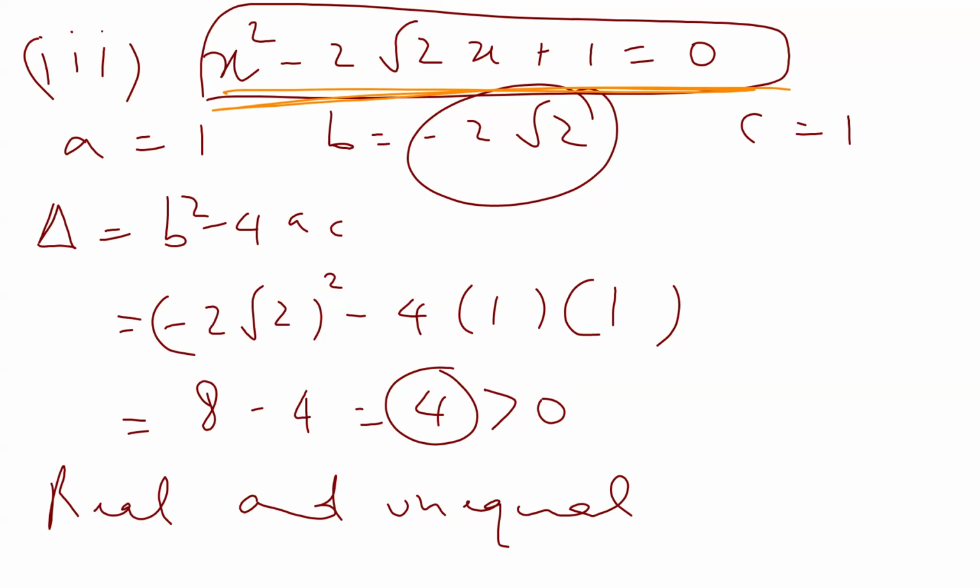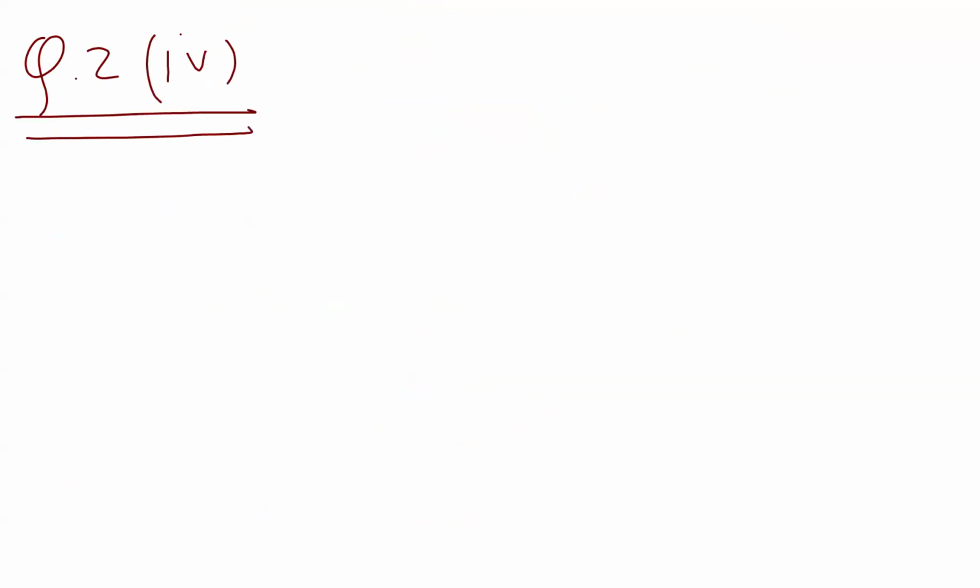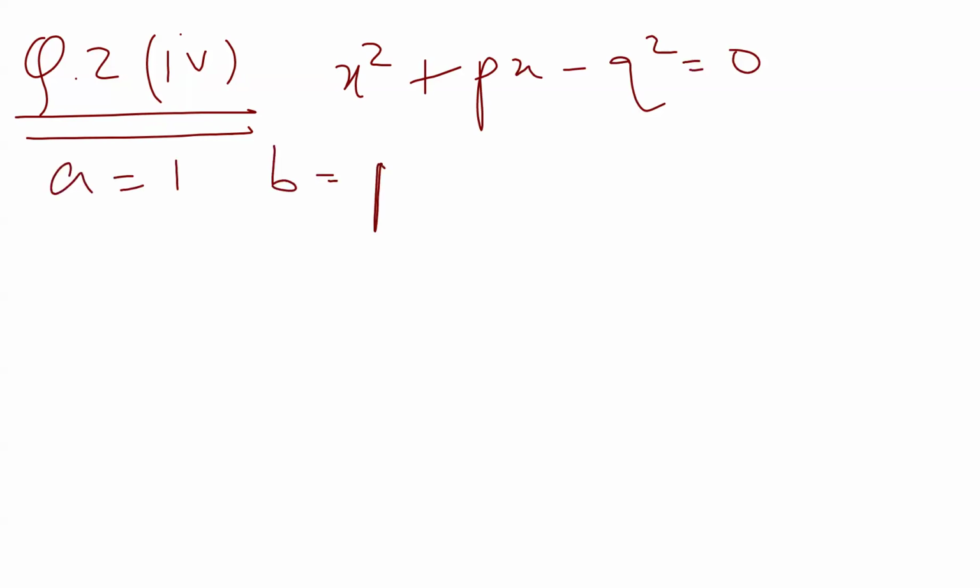Let's solve question number 2, sub question 4 from the worksheet. So x square plus px minus q square is equal to 0. A is equal to 1, B is equal to P, C is equal to minus q square.